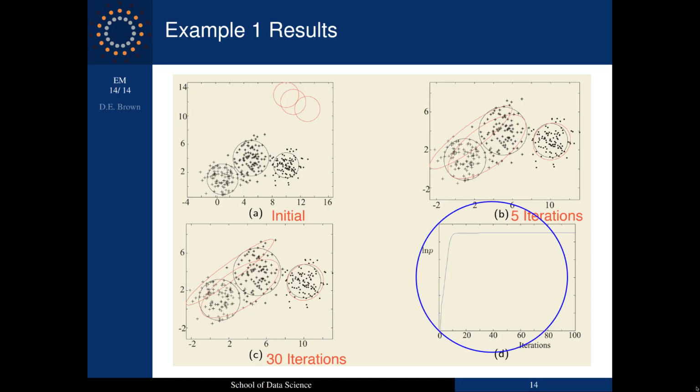But when you look at the lower right plot, you can see that the log likelihood seems to have converged. So this is an example of where the algorithm would converge to a suboptimal point, a local optimum, that is not globally optimum for this problem. That's the kind of problem you can get into with a bad starting point.